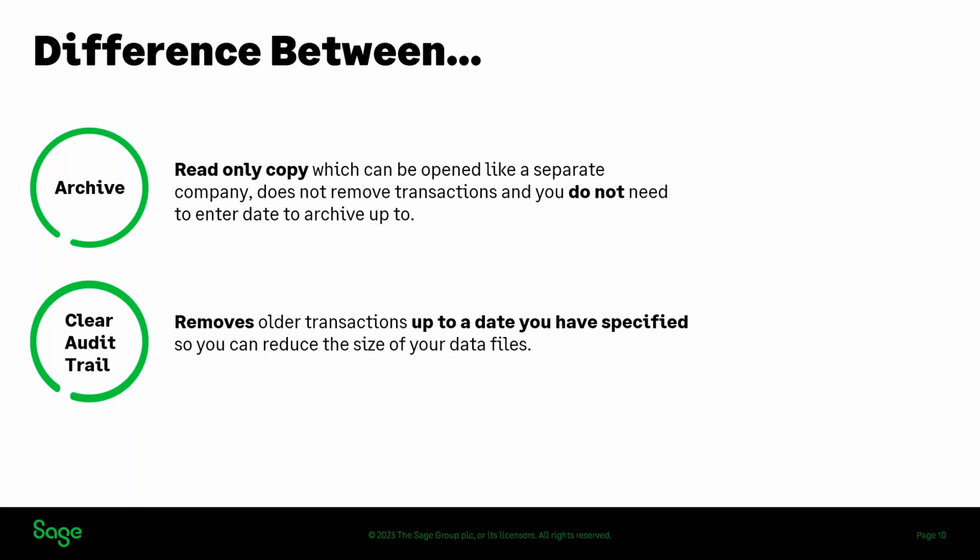You would then enter a chosen date, and anything before that date would be removed, if it fits the criteria. We do have specific sessions on clear audit trail and clearing records. If you do want to check that out, you can visit our Help Centre in previous recordings if you want more information.